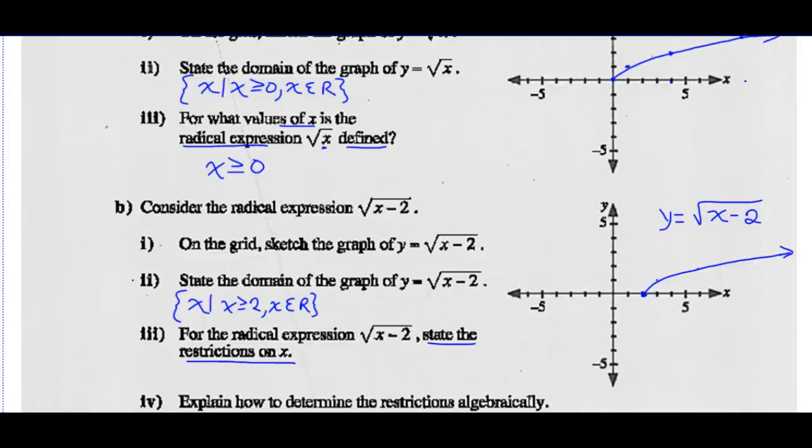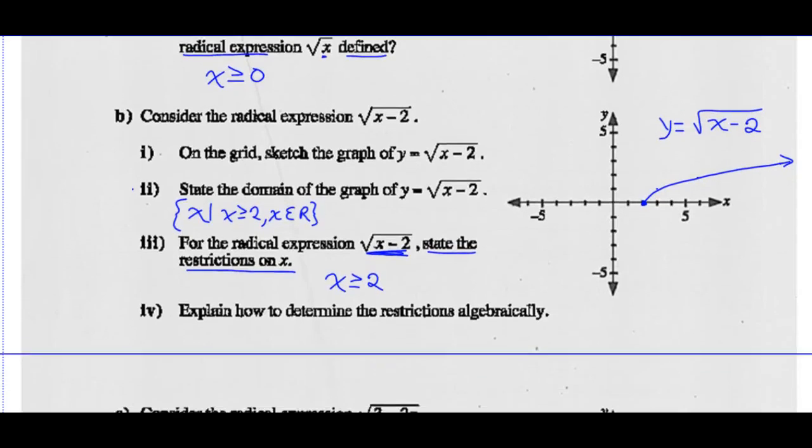In order for this expression to be a real number, we have to restrict the values for x. So it's a lot like this domain again. X must be greater than or equal to 2. If x is less than 2, we're going to get a negative number inside the radical sign. We know that's undefined. We can't take the square root of a negative number.